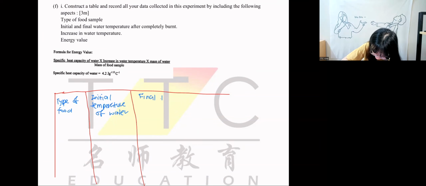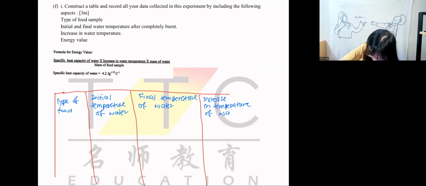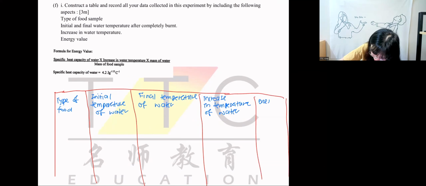Final temperature of water. Increase in temperature of water. The last one is energy value. Yes, energy value.